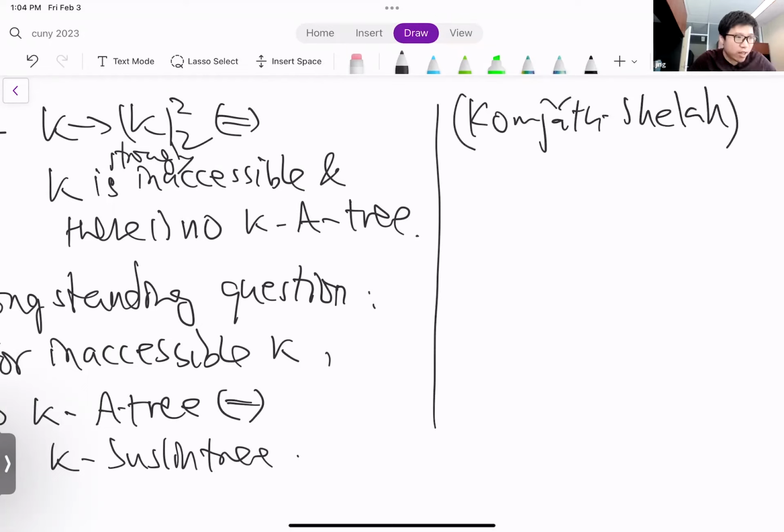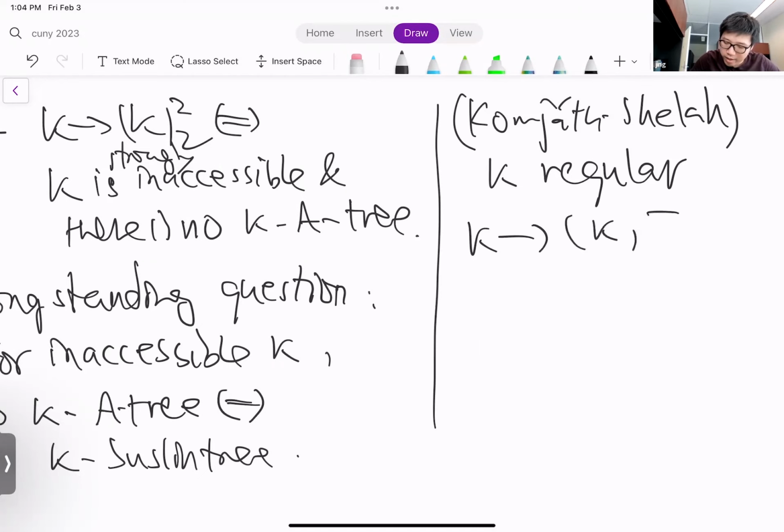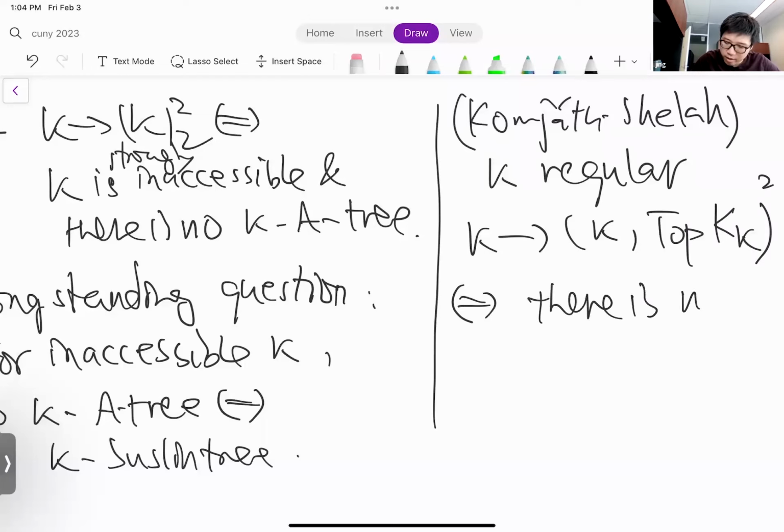They prove that if kappa is regular, then kappa arrows a topological copy of K_kappa,kappa if and only if there is no kappa Suslin tree.